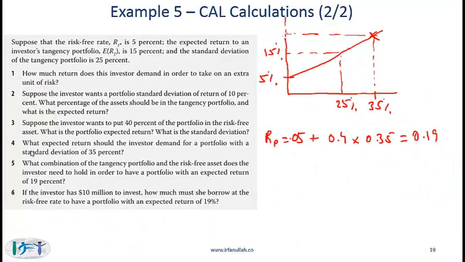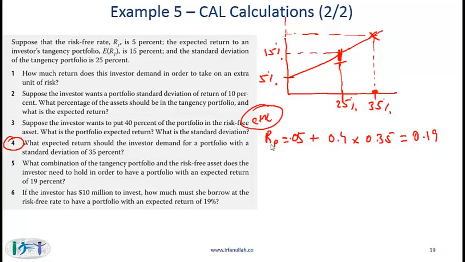So for part 4, notice that we are considering a portfolio that has more risk than the tangency portfolio. And this happens by borrowing at the risk-free rate. The simplest way to solve this is to use the CML formula that we have derived.